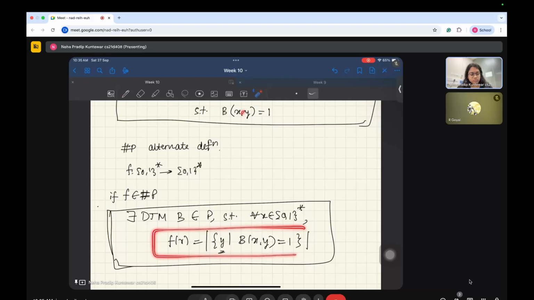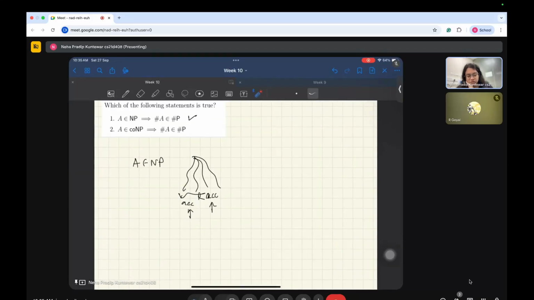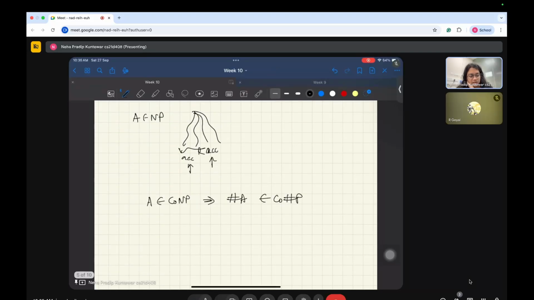With respect to the other definition as well, it's clear that the number of certificates is the answer to the function that is in sharp P. And by the same argument, if A is in coNP, then sharp A would be in co-sharp P. But we just saw that this class is the same as sharp P, so therefore sharp A is in sharp P.